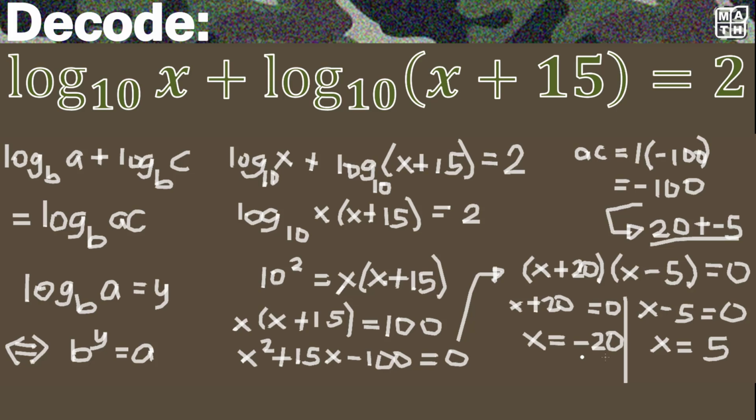But when you use negative 20, your first expression, the logarithm of negative 20 to the base 10, is already undefined. And if you proceed further, negative 20 plus 15 is negative 5. So again, it's not possible. So the value of x that could satisfy the given logarithmic equation is only x equal to 5.